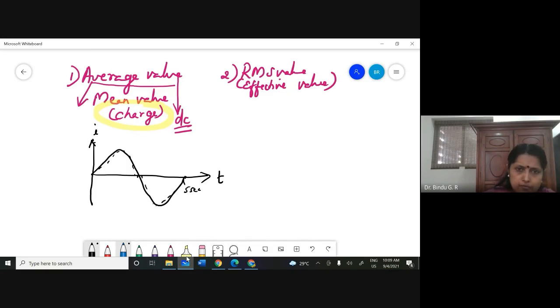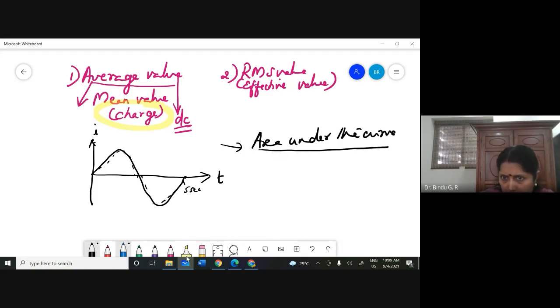Now, always remember, how do you calculate average value or mean value? Average value or mean value is the area under the curve of the waveform divided by the base length. Now, if you look into this particular waveform, the sine wave, it's a symmetrical wave. The positive half cycle and the negative half cycle are the same, or symmetrical to each other.